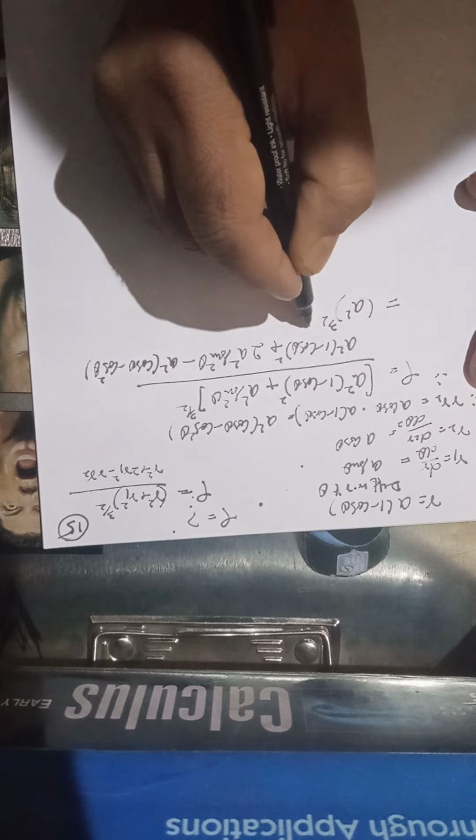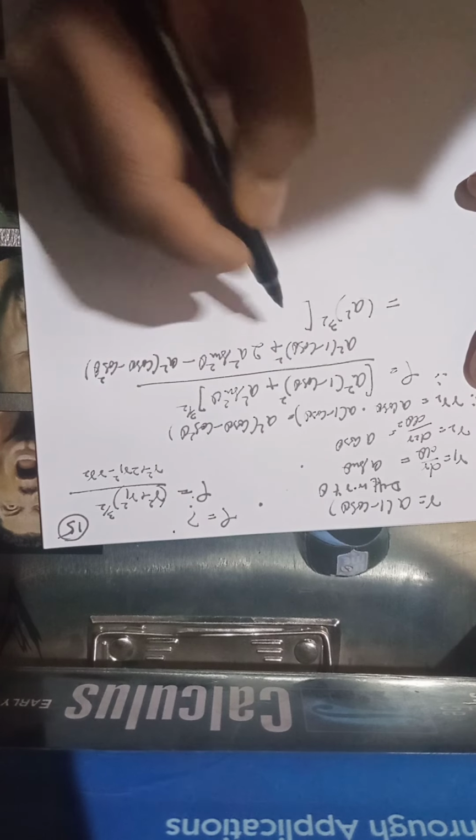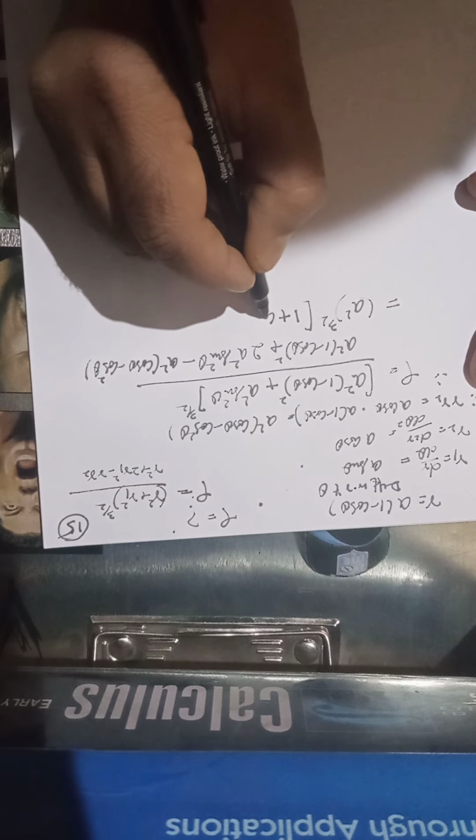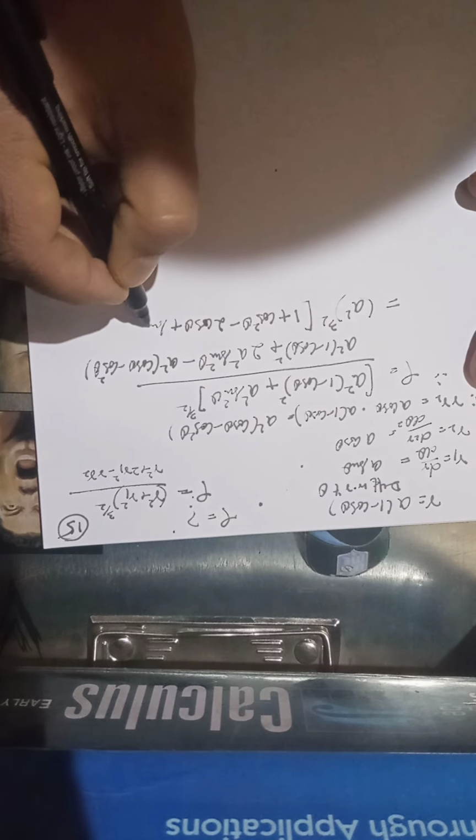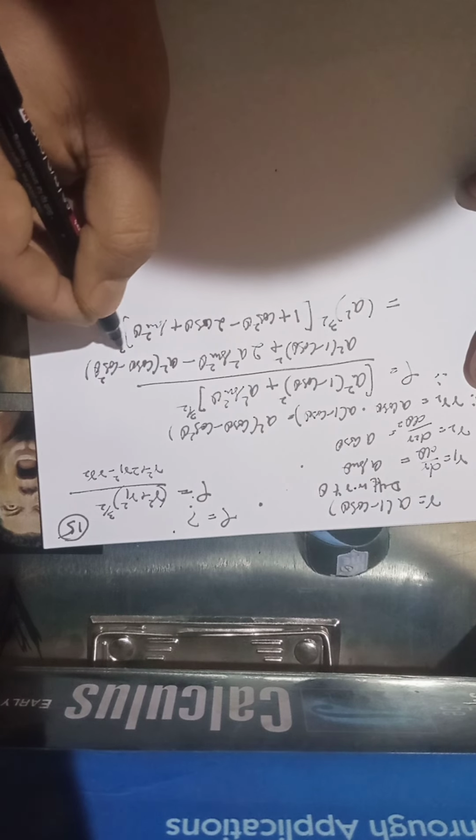So this is a² whole raised power 3/2. Now this is (1 − cosθ) whole square. It is 1² + cos²θ − 2cosθ + sin²θ. I have taken a² out.